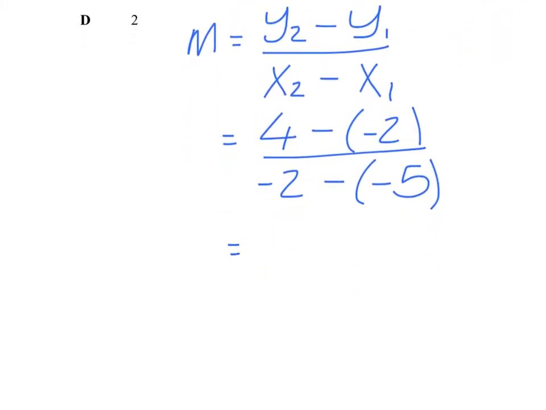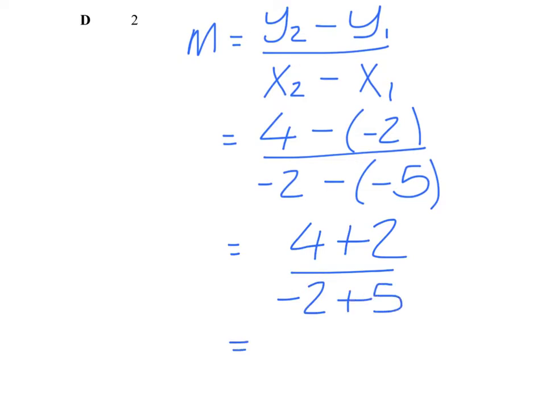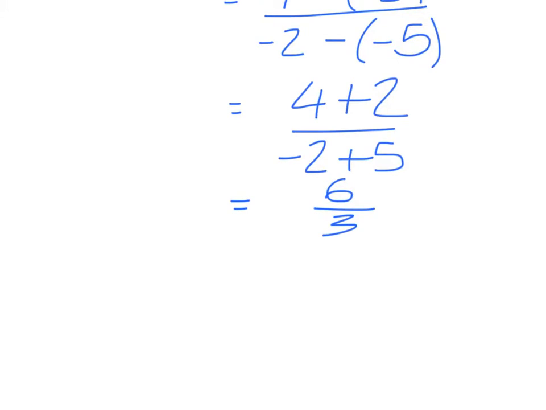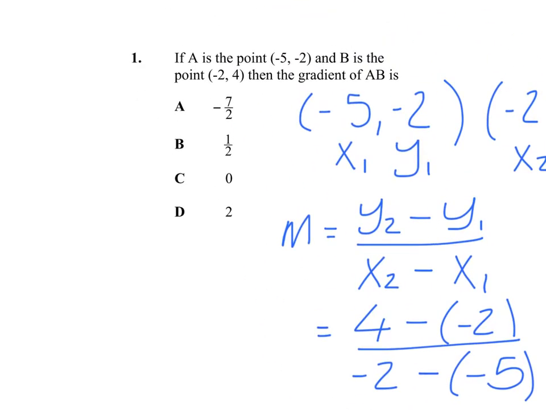That then gives us on the top line 4 plus 2 over -2 plus 5, which gives us 4 plus 2 is 6 over -2 plus 5, which is 3, and 6 divided by 3 is equal to 2. So the gradient equals 2, which means the correct answer is answer D.